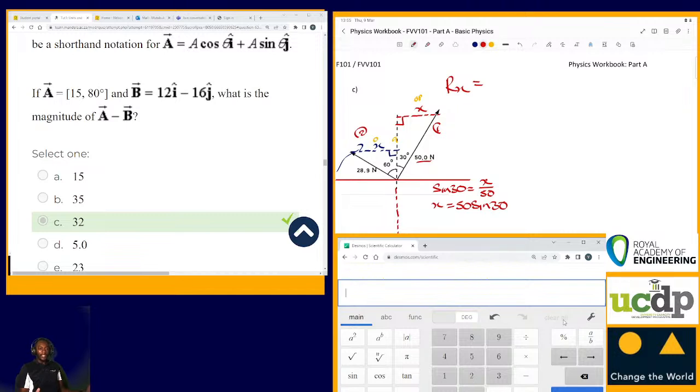So we definitely need the angle, just like we are doing. The angle is the one that is going to help us resolve the vector in the x and in the y. So the angle is always there when we're resolving.